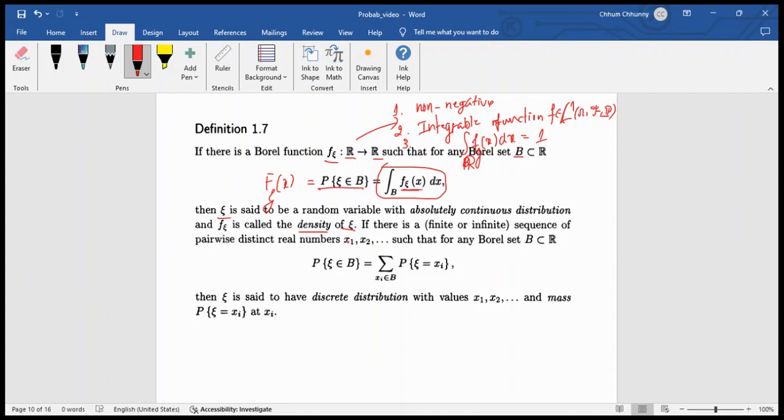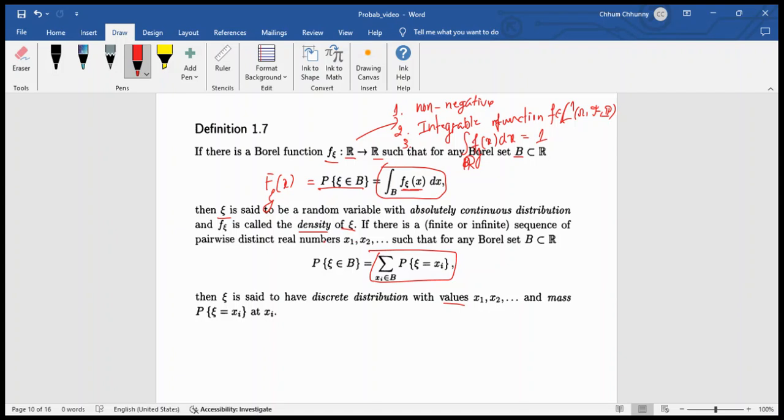Another case is when the probability distribution cannot be written in this integral form, but is written as a summation form like this. Then psi is said to have a discrete distribution, with discrete values x1, x2, and so on.